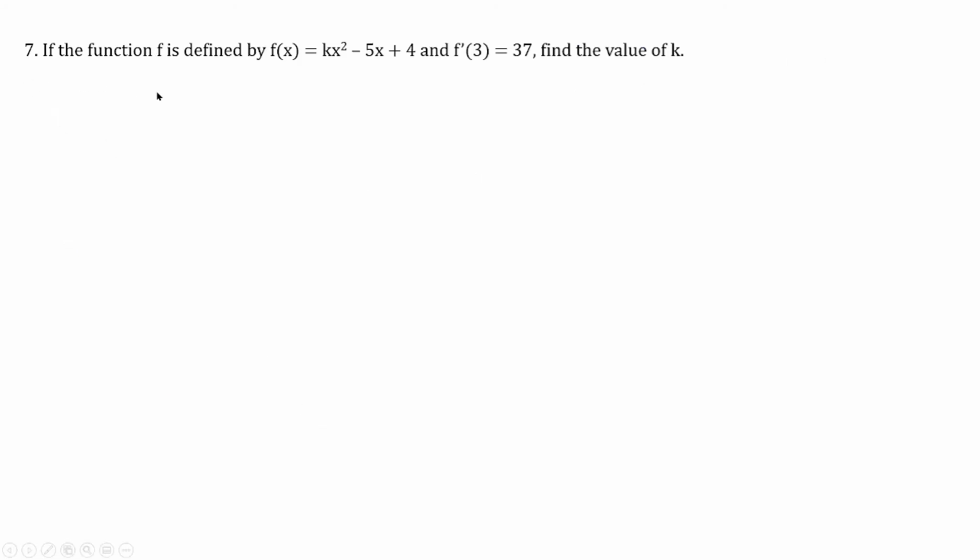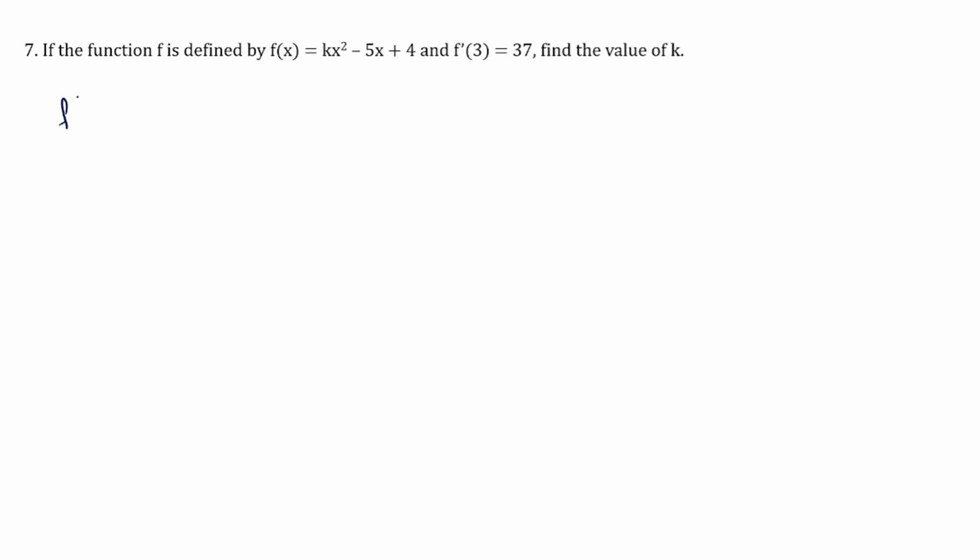Next question, if the function f is defined by f of x is equal to kx square minus 5x plus 4 and f dash of 3 equal to 37, find the value of k. So here f dash of 3 is 37, it is given.